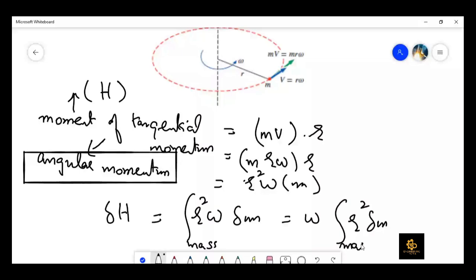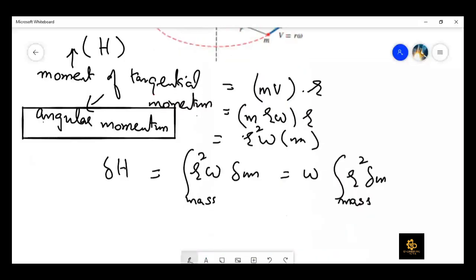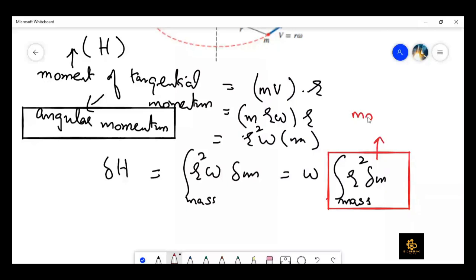And again, we can see that here we have got r square delta m, which we know from our knowledge of statics and dynamics is the moment of inertia. So when we take the integral here, h is equal to I into omega, right? Omega is also a vector in this form.